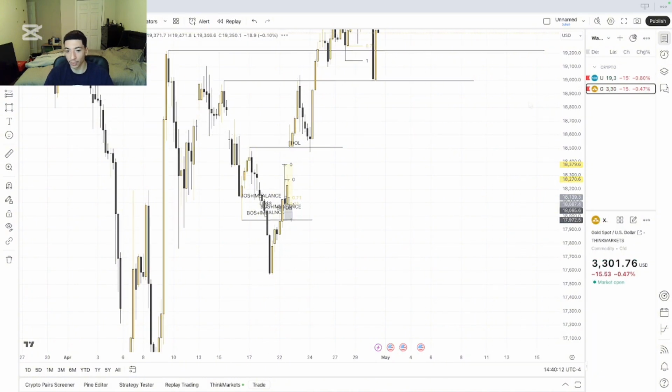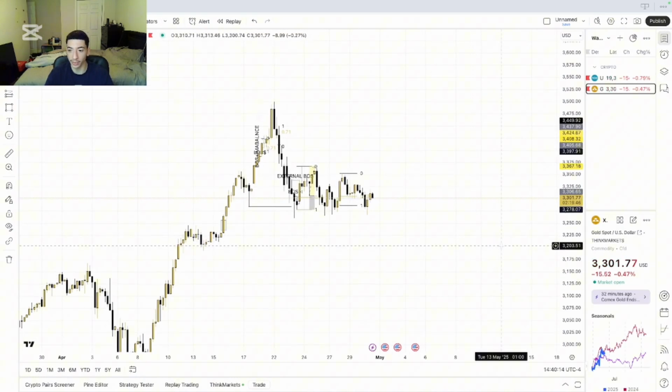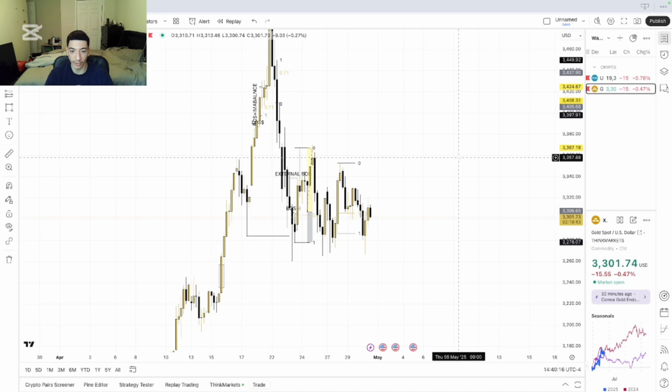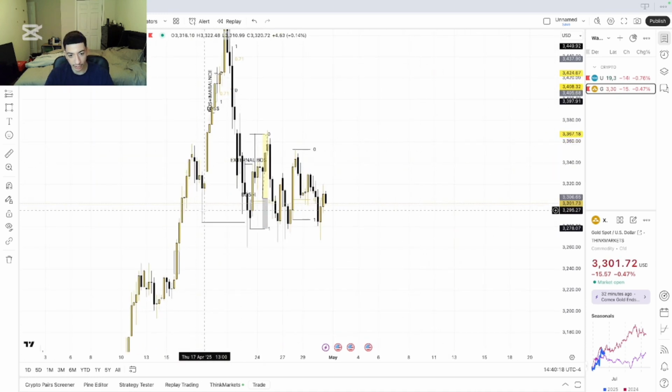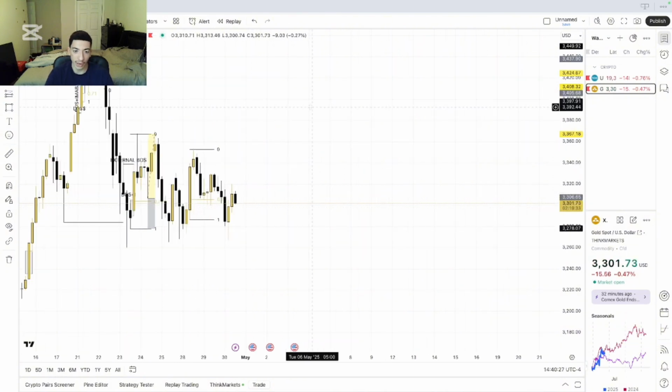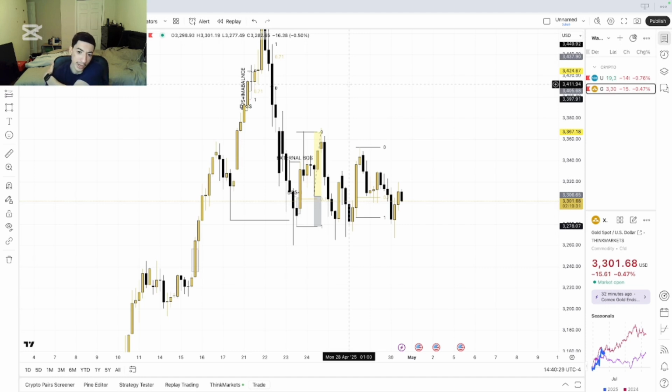As you can see on gold, price kind of did the same thing, just a little bit cleaner in my opinion. So we have this long low wick right here, and price came down, swept that low, and immediately started trending pretty bullish. So that was kind of my major bias for the day.